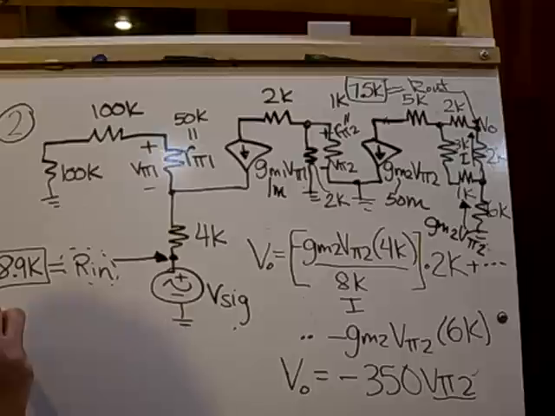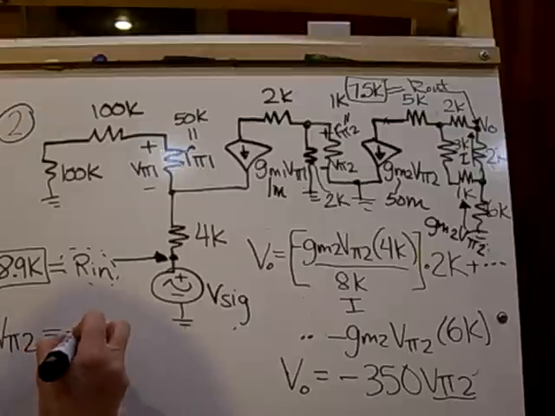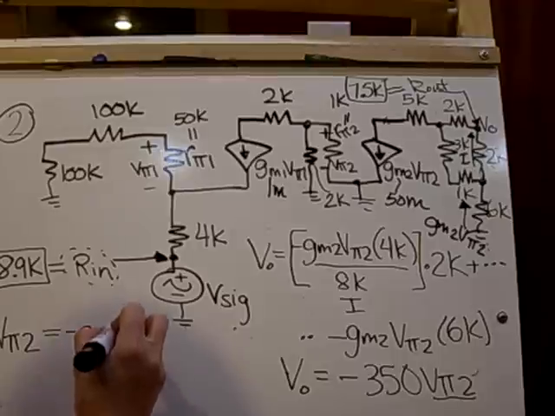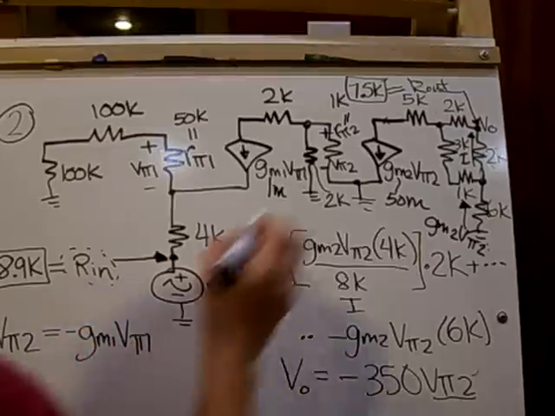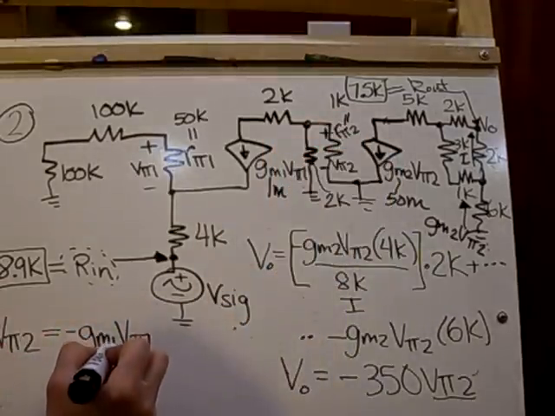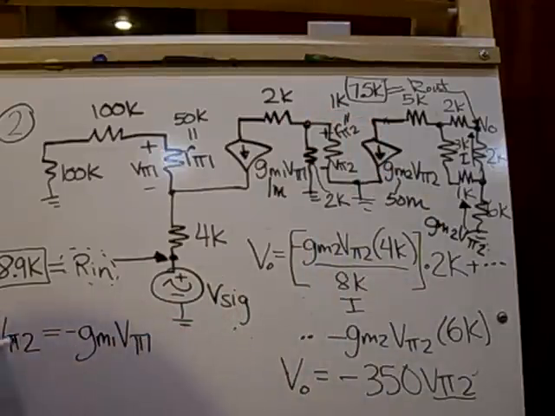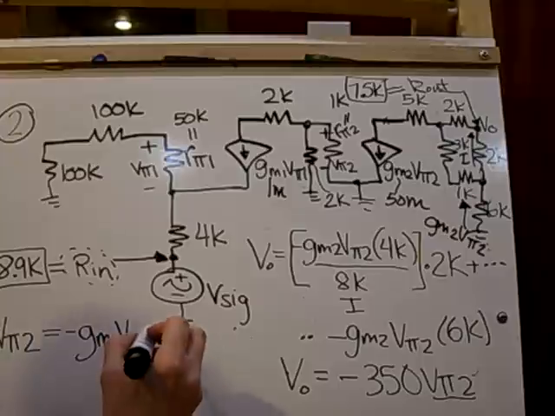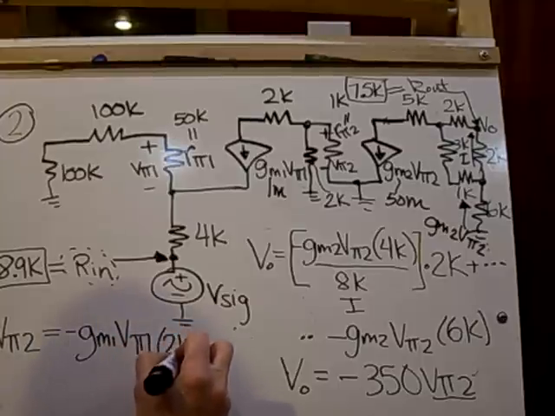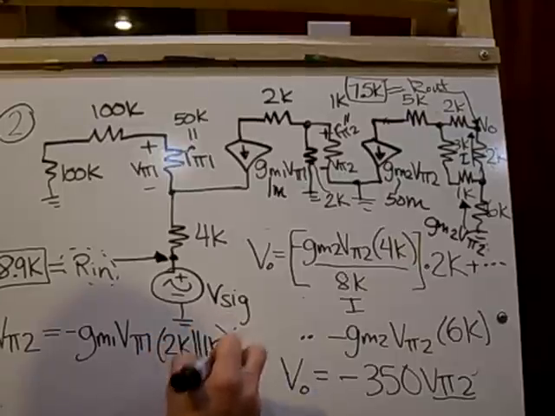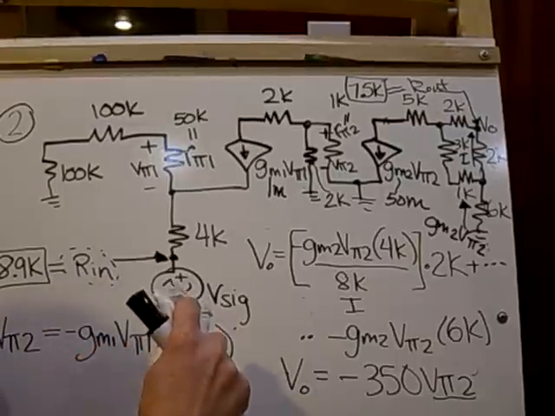So V pi 2 is equal to a minus GM1 V pi 1 times 2K, and this was 1K, in parallel with 1K.